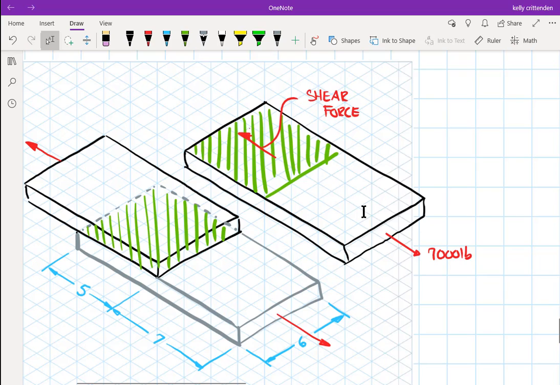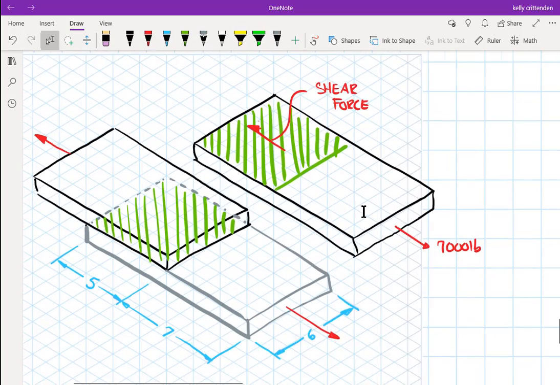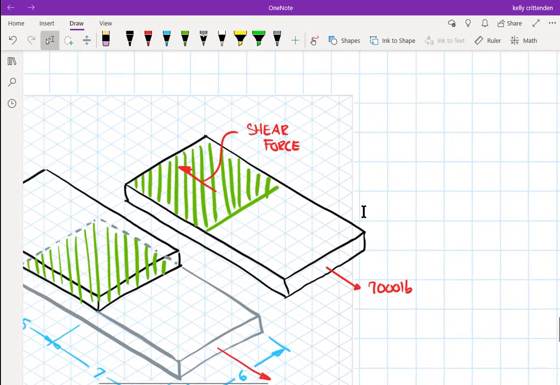Here, this force is parallel to the area that it's acting on. I didn't draw it distributed over this whole green area. I just drew one arrow to represent the whole thing, but it's actually distributed over the whole green glue area. So since it's not perpendicular to this area, I have to treat it a little bit differently. The way I treat it differently is I drew only half an arrowhead and I called it a shear force.